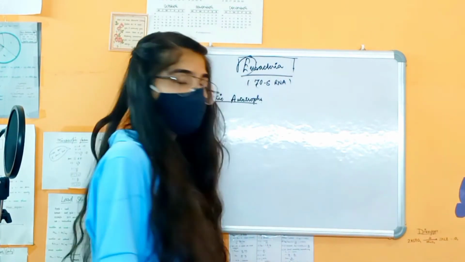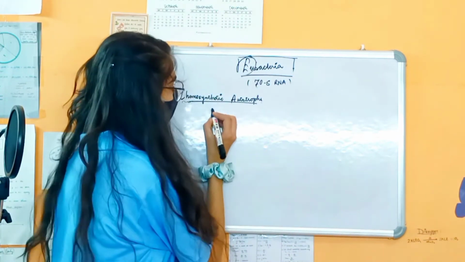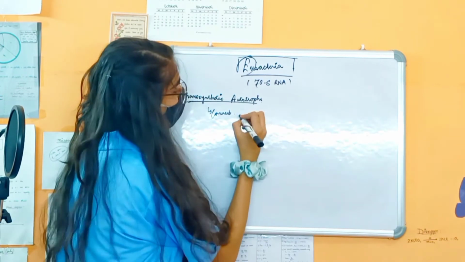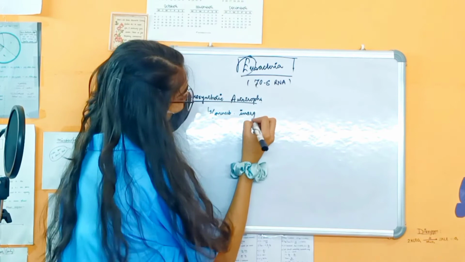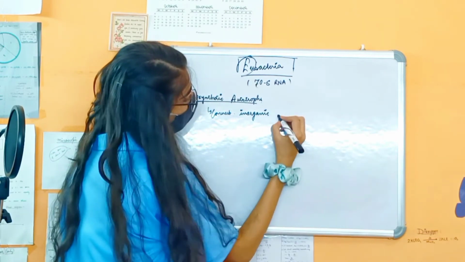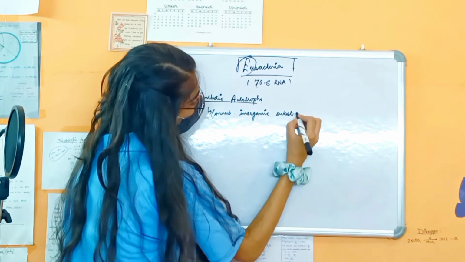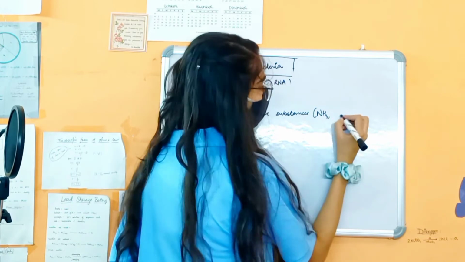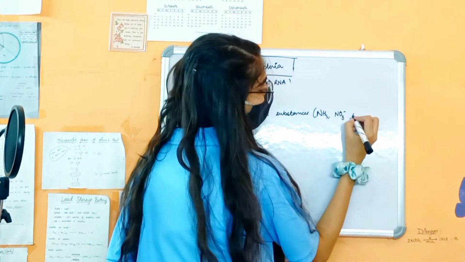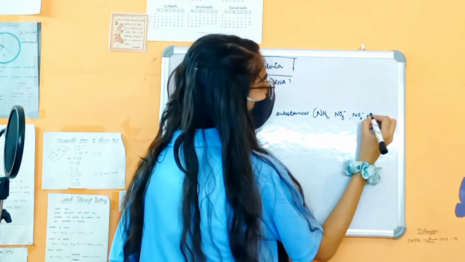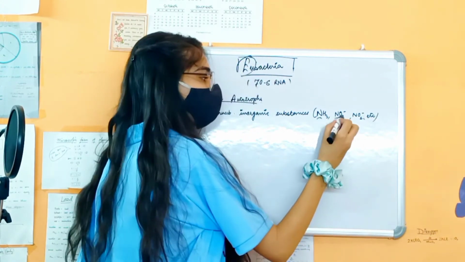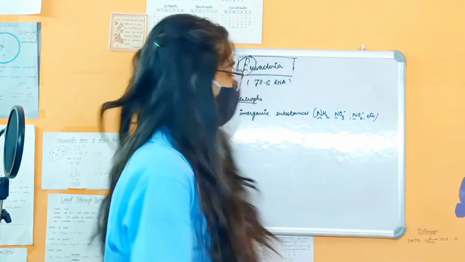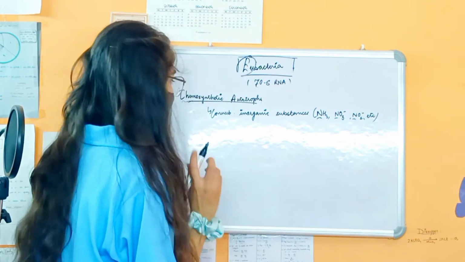They convert inorganic substances like NH3, nitrate, nitrite, etc. I am talking about nitrogen products because this is most important, and these are going to come in further chapters also. So it is important that we know it right now.